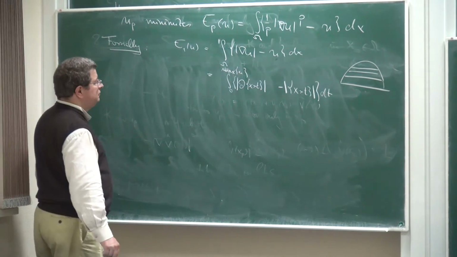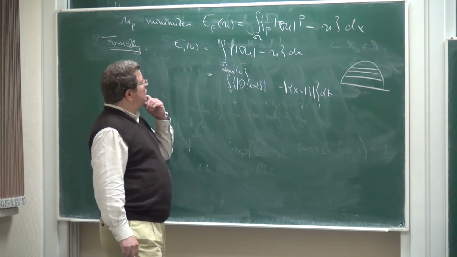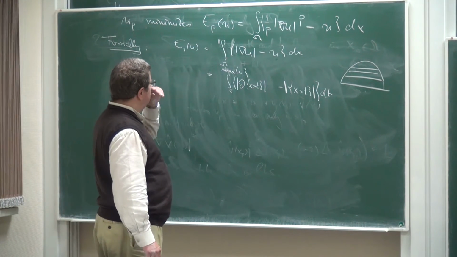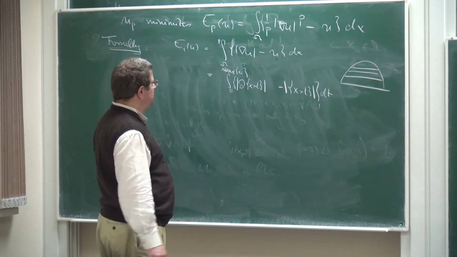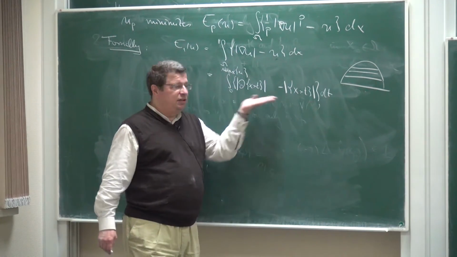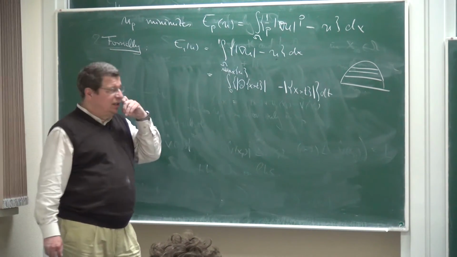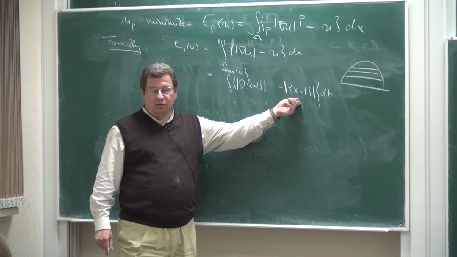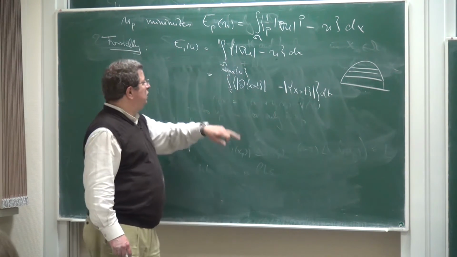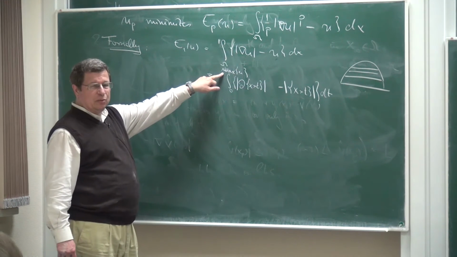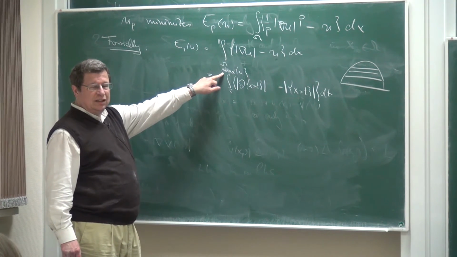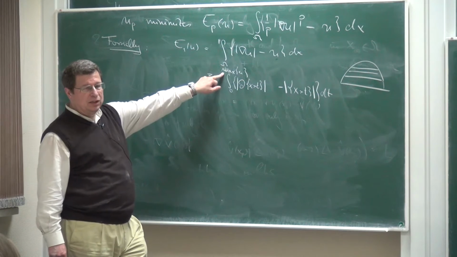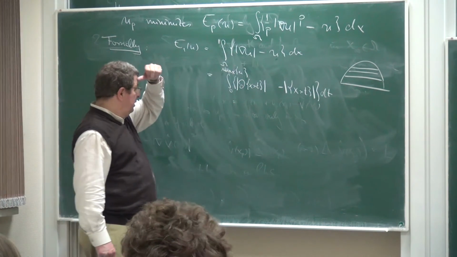Now when we look for a minimizer of this integral, we try to make the integrand as small as possible. Suppose we manage to get the integrand smaller than 0. Then it will be good to send the maximum of u to plus infinity. This happens for a large domain, when omega is a large domain.